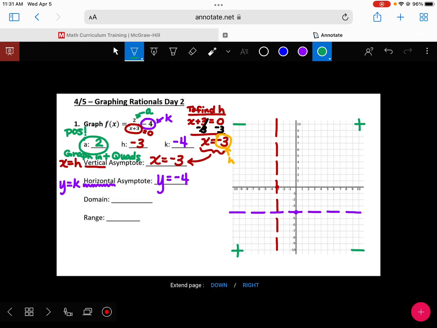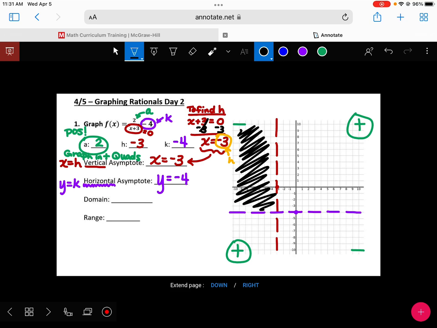So I'm going to circle the two positives here. Most important though, after I circle the two positives, which ones are we not graphing in? Negatives. I'm going to scratch those out, because none of my points are allowed to go there. Take the time to scratch out the ones that we're not going to graph in because that will help you with where to put your points.